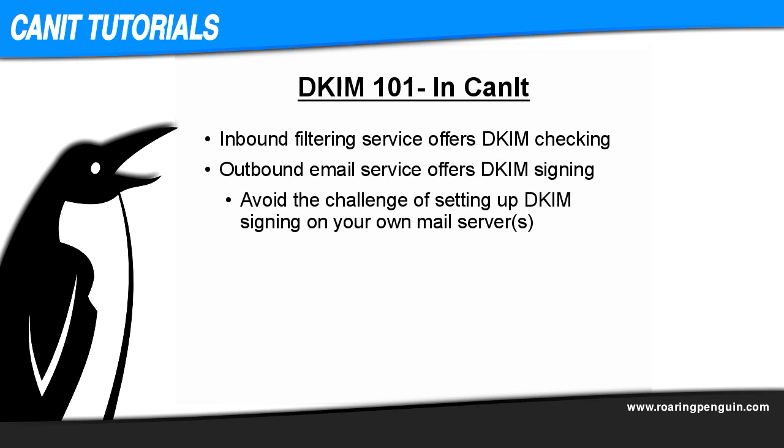Roaring Penguin's Can It service lets you make use of DKIM in two different ways. While filtering your inbound email, you can make rules for Can It to check DKIM on domains you trust, approving mail that passes or denying mail that fails. If you use Can It for your outbound mail, you can configure Can It to sign your mail with DKIM signatures.